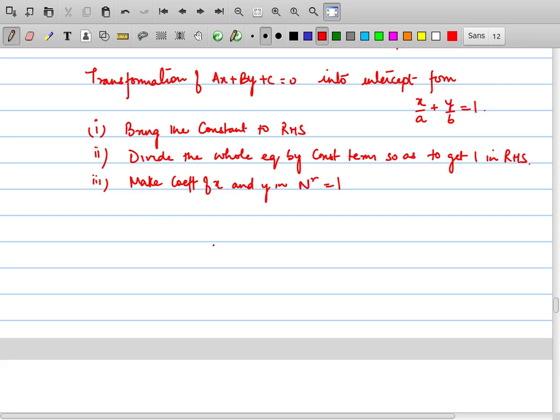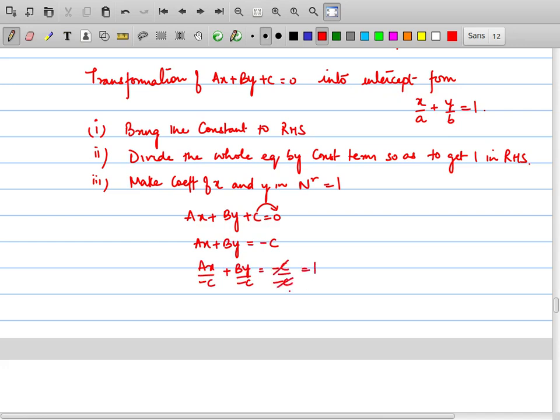What we are saying is, if you are given a general equation, bring your constant term to the right side, ax plus by. If it is already given on the right side, then you don't have to do anything. Then get rid of this minus c, that is the constant part. Divide the whole equation by minus c, that is both sides.